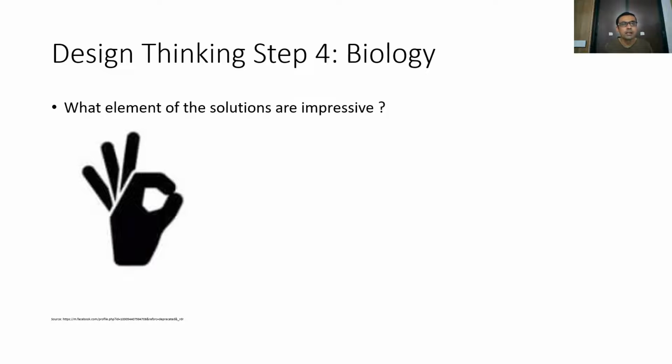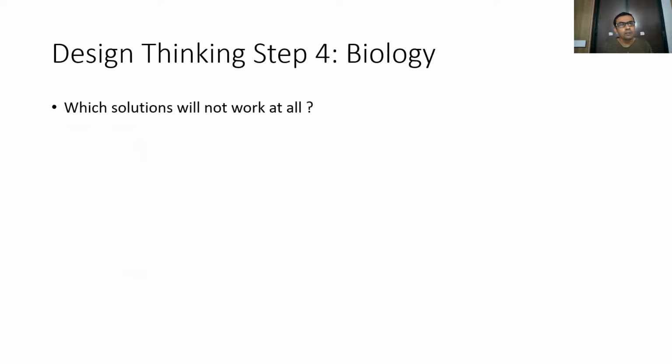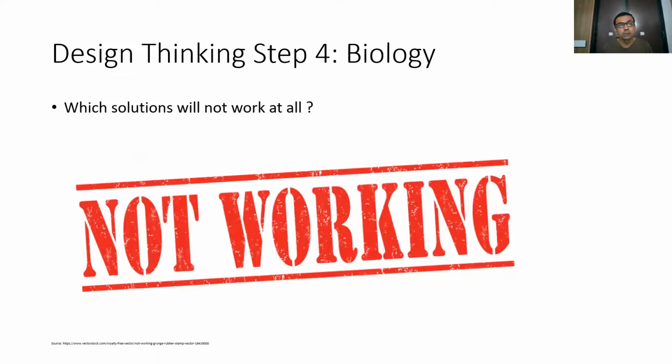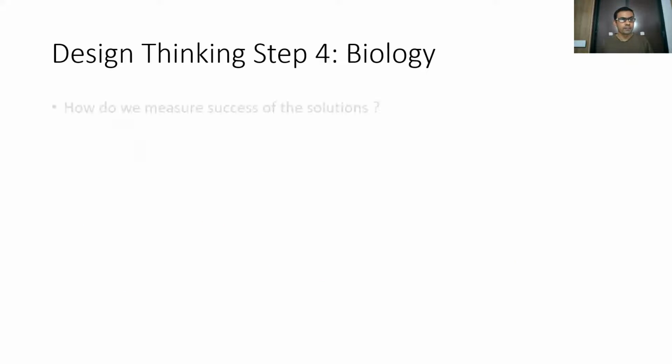Which solution will not work is also very important when we are thinking of the solutions. At that step, we may think that these solutions will help them immensely, and while doing the customer feedback we came to know that this solution will not work at all for them. That also we need to show the business people, saying that this particular solution won't work for the customers, even though we thought these were good solutions.